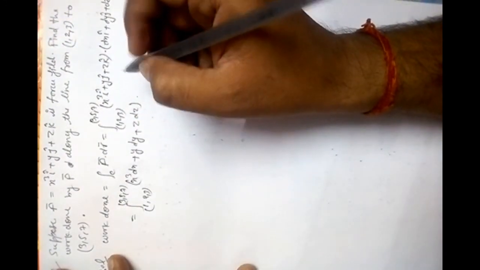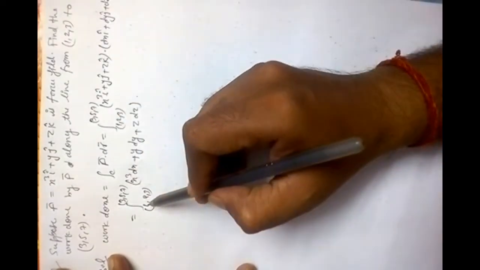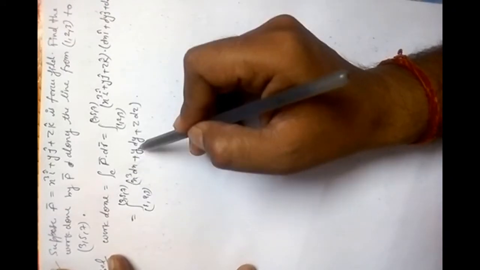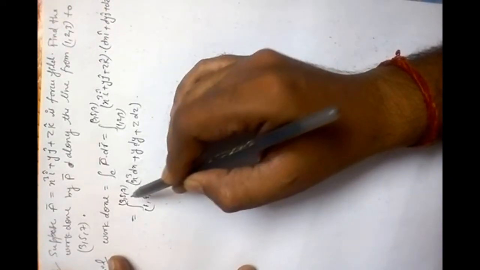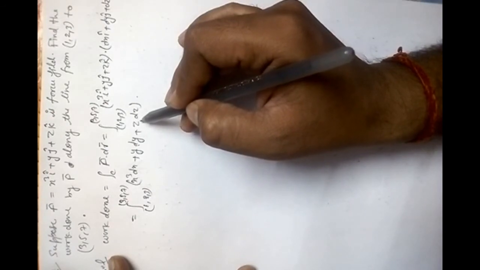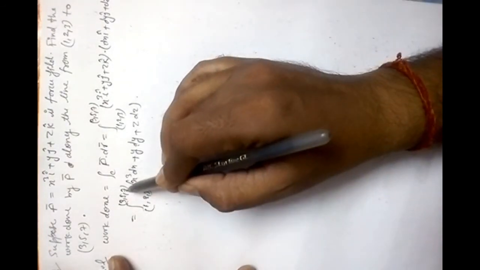So here the limit of x is 1 to 3, the limit of y is 2 to 5, and the limit of z is 3 to 7.